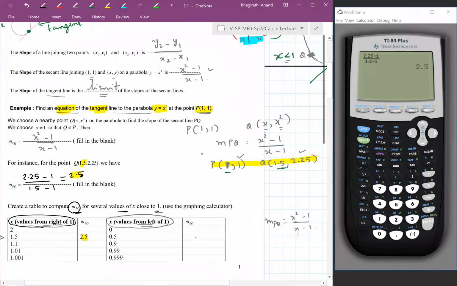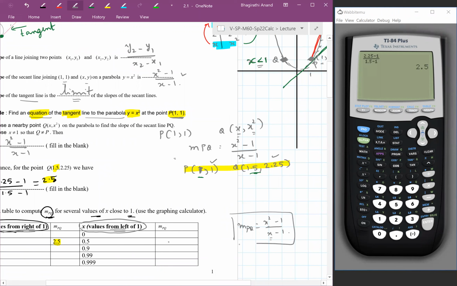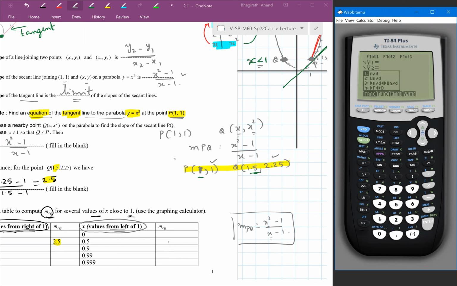Similar computation we are going to do taking different x values. So I'm going to use this formula in my calculator. Let me go to y equal, and bring in the numerator and denominator form, which is alpha followed by y, picking menu 1. Here you plug in x squared minus 1 in the numerator, and in the denominator, x minus 1.